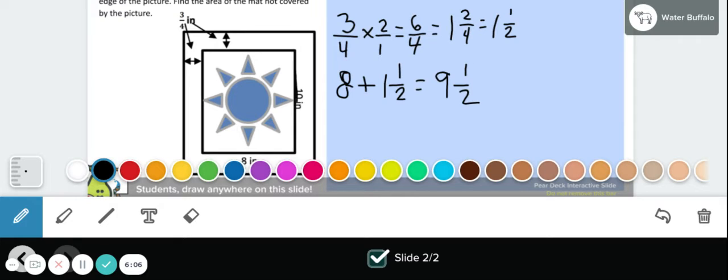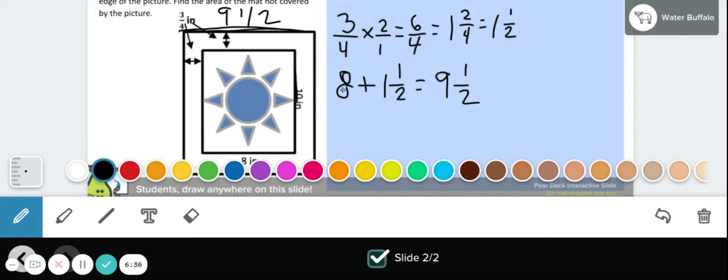So that means the length of this mat is 9.5 inches. We knew that the length of the smaller shape was 8 inches, and what we did is we combined 3/4 and another 3/4, which was indicated here, to give us the total length of 9.5 inches.